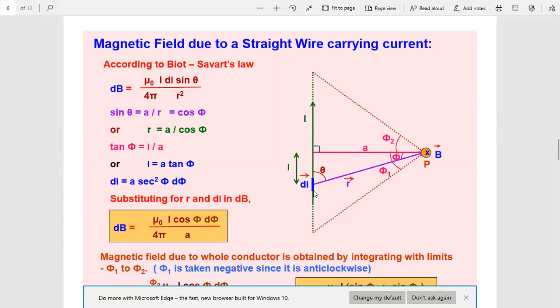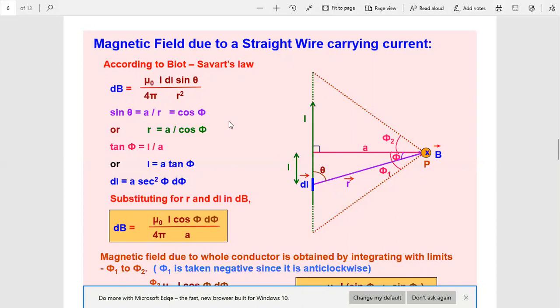L upon r equals sine phi, but here we have to take cos phi because A and r are to be correlated. So cos phi equals base upon hypotenuse. The base is A and r is the hypotenuse, so cos phi equals A upon r.